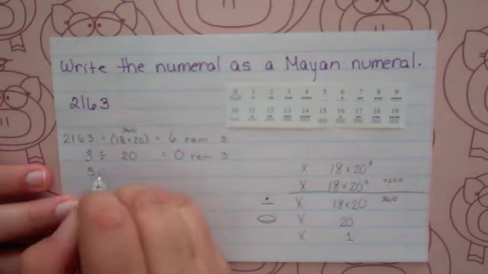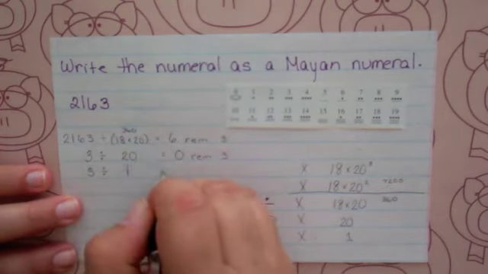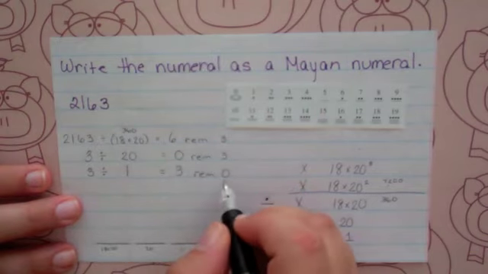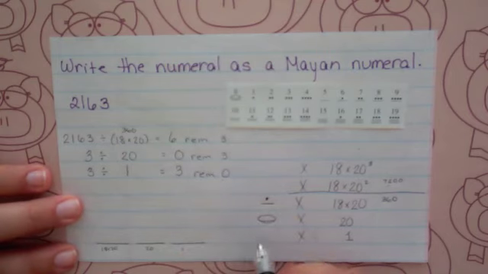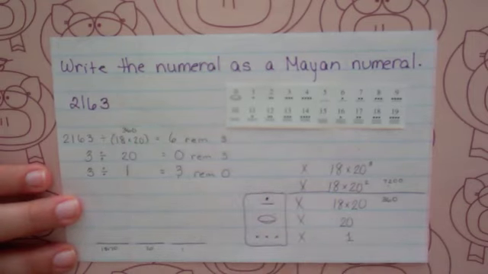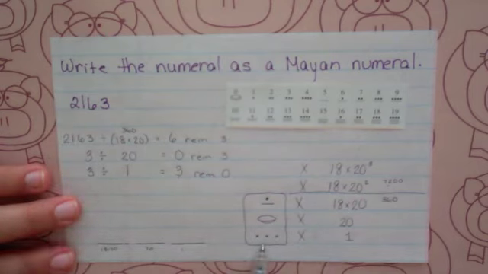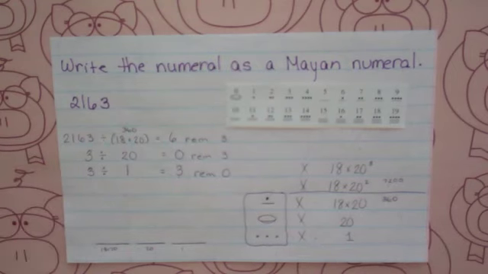And finally, 3 divided by the ones. Well, that's good: 3 with a remainder of 0. Notice I got a remainder of 0, which means I'm done. So now all I need in the ones place is the symbol for 3, right there. So this is 2,163 written as a Mayan numeral. All I do is take out place values until I find my answer.